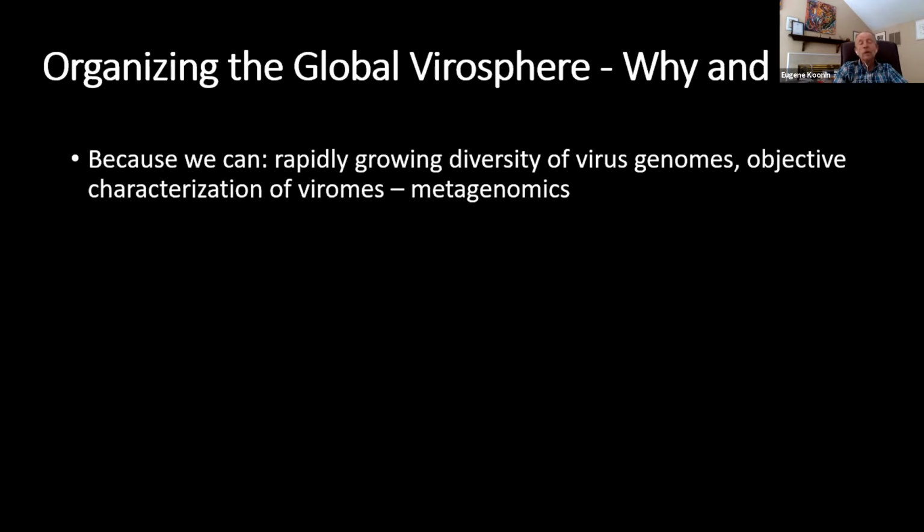So, organizing the global virosphere, why and how? First of all, because we can. Because of the rapidly growing diversity of virus genomes and the advent of direct and objective characterization of diverse viromes that exist on this planet, primarily from metagenomics.